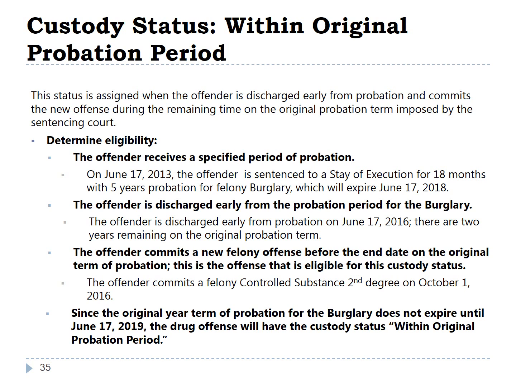Now, if we hop back up to this bullet point, and the offender is not discharged early, but rather is revoked, and their 18-month sentence is imposed, and let's say they have 12 months of jail credit, and so they do 6 months and then they get out and they're done, and then they turn around and later commit a new offense after the revocation of this original sentence, there will not be a custody status point of within original probation period because there was a revocation of the original sentence.